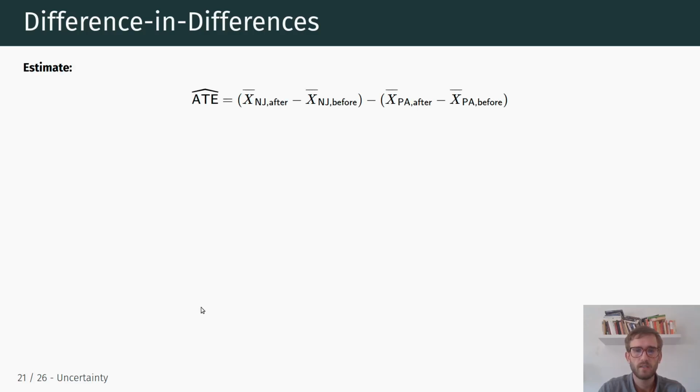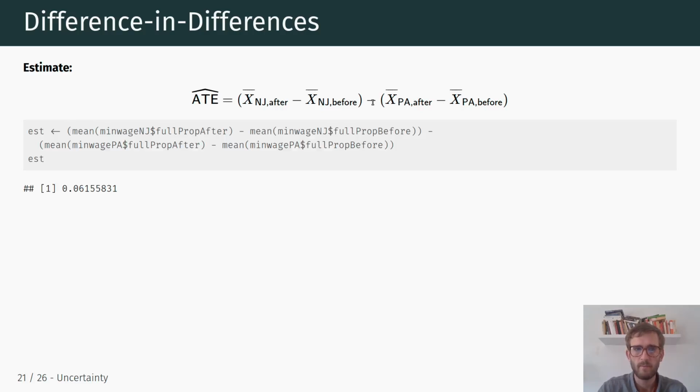If we look at the difference in difference estimate, we look at the difference between New Jersey before and after, minus the difference between Pennsylvania before and after, and the difference between those differences is then the estimate of our causal effect of the intervention of increasing the minimum wage.